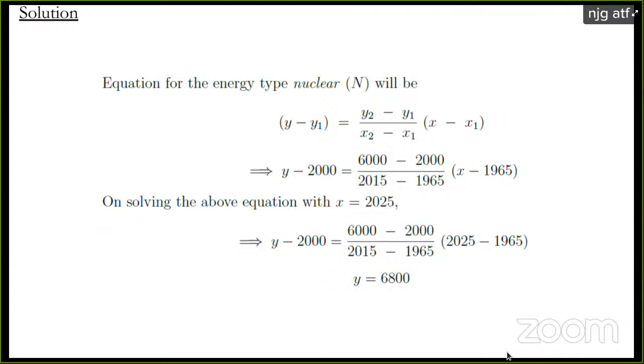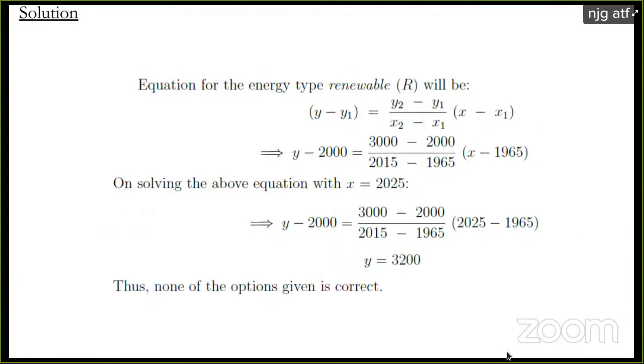Substitute those 2 points in the 2 point form and substitute x equal to 2025 to get the corresponding y, which is the expected energy consumption for that type. Even here you will get some 6,800. And finally for renewable, if you calculate in the same way, you will get y equal to 3,200. So none of the options matches correctly. Thus, none of the options given is the correct option.